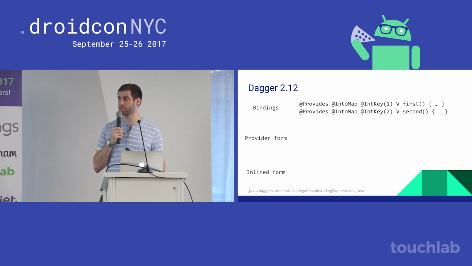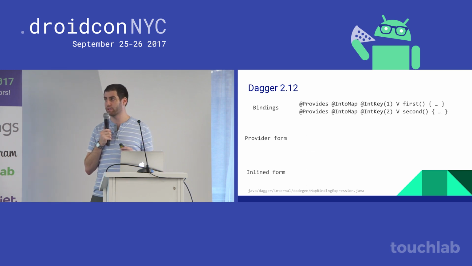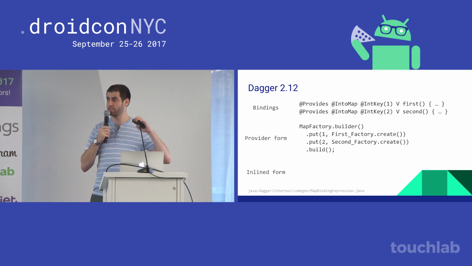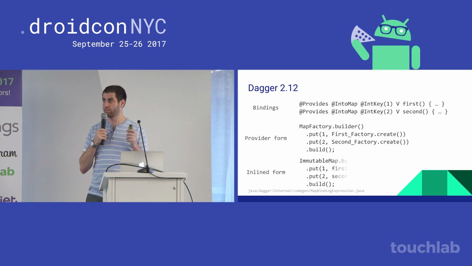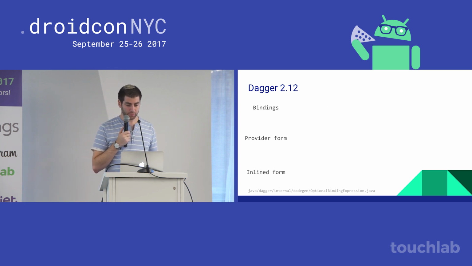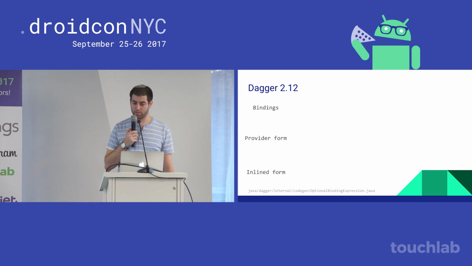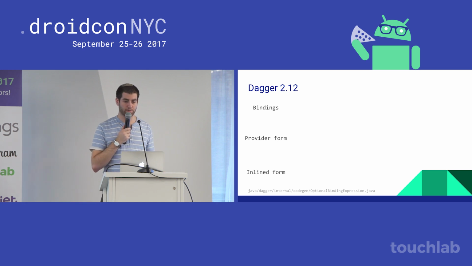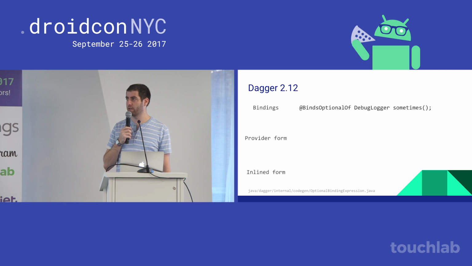Let's look at the same thing for maps. It'll look pretty familiar. We have two different map bindings, two keys. The map factory is going to take each key and the factory. Again, this looks very, very similar, and again, a map builder. One additional example is BindsOptionalOf, a little bit more of a power feature, but same idea.